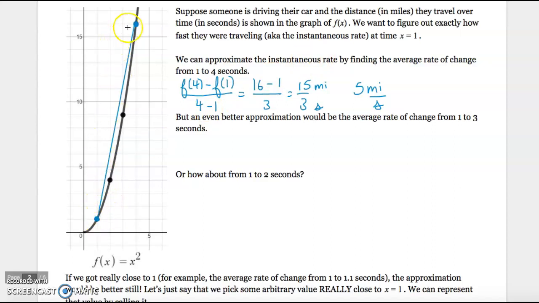Okay, so that is an estimation for the exact speed at 1, but I'm using the average speed from 1 to 4. An even better approximation would be to find the average rate of change from 1 to 3 seconds. I'll do that in a different color.